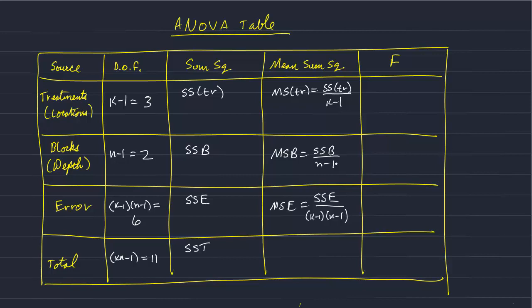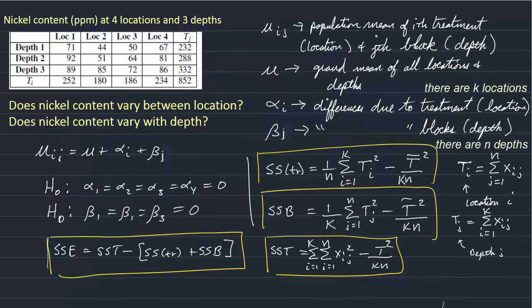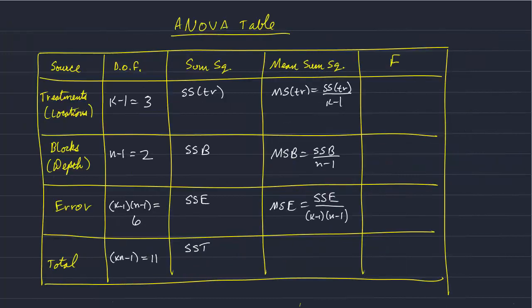So when we substitute these numbers and compute these quantities, we get 1260 for the variance or the sum of squares associated with location, 1256 as the sum of squares for different depths.